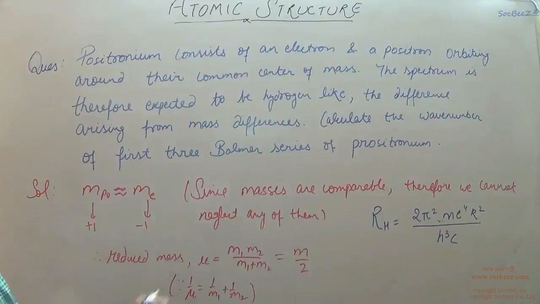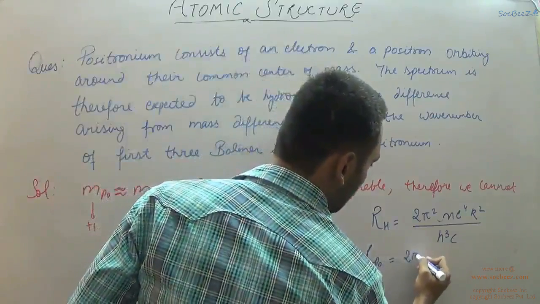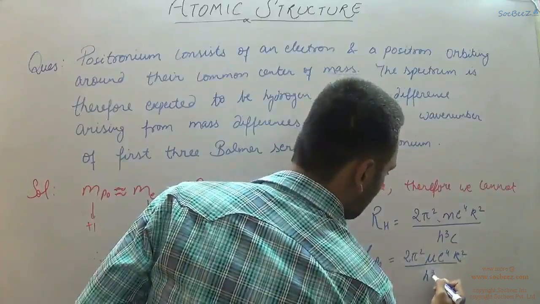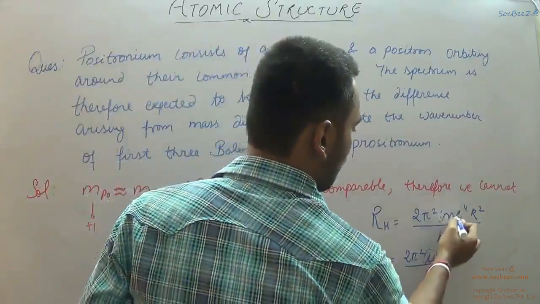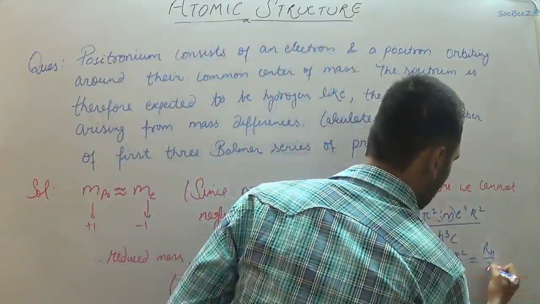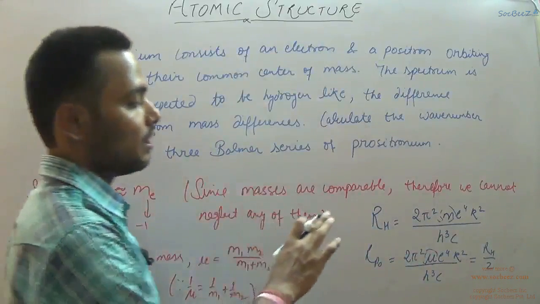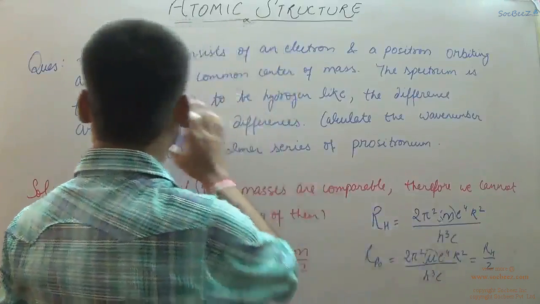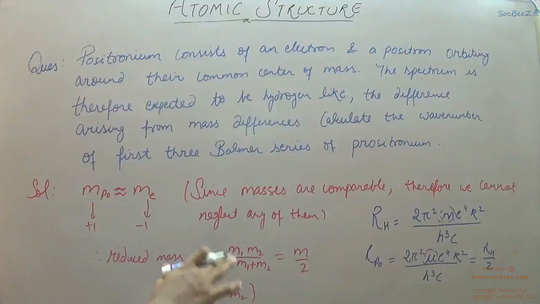But in this case, since we are considering the reduced mass, for positronium it comes out to be 2 pi square mu e raised to the power 4 k square upon h cube into c. Since the difference lies only in masses, and mu is equal to m by 2, it comes out to be R_H upon 2. So the Rydberg constant for the hydrogen atom is this, and the Rydberg constant for positronium is R upon 2, the Rydberg constant for hydrogen divided by 2.